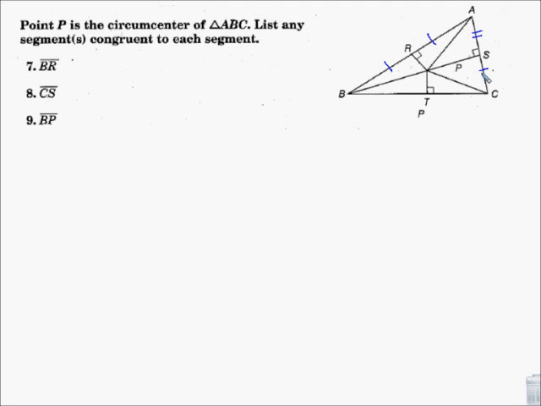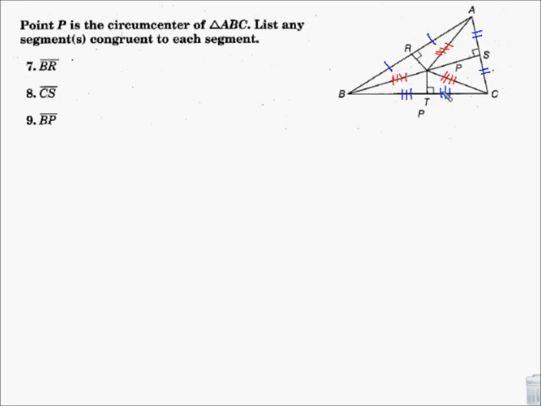This length is the same as this one. This length is the same as this one. And then our circumcenter means that these lengths, 2, 3, 4, are the same as each other. Okay, so that's our labeling.